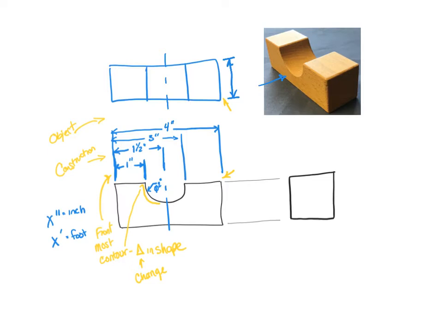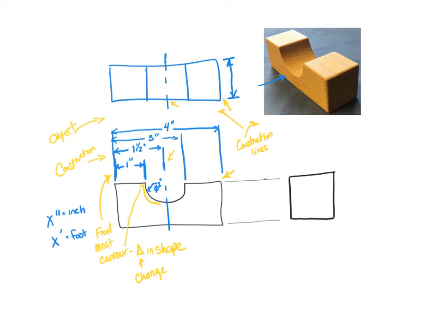Notice also that I made sure these center lines do not look like part of my object. The construction lines are removed, but I used those construction lines to help me with my dimension lines.